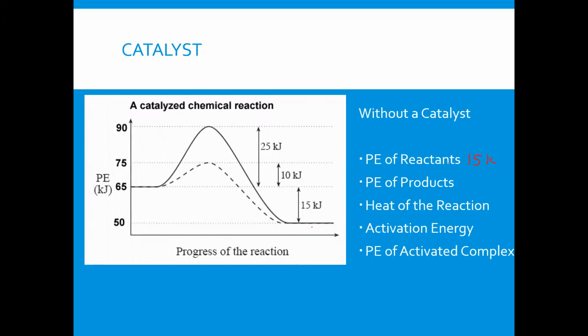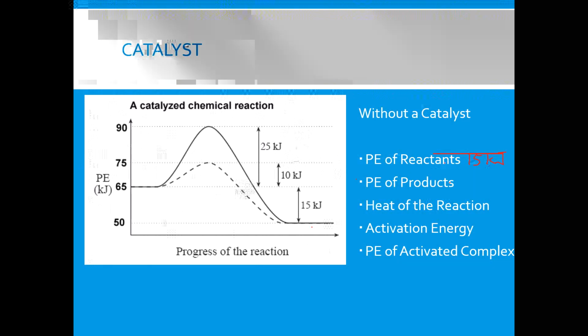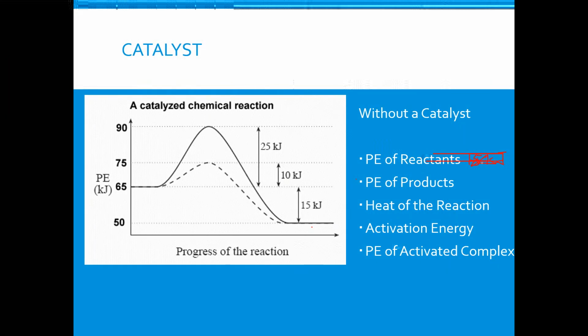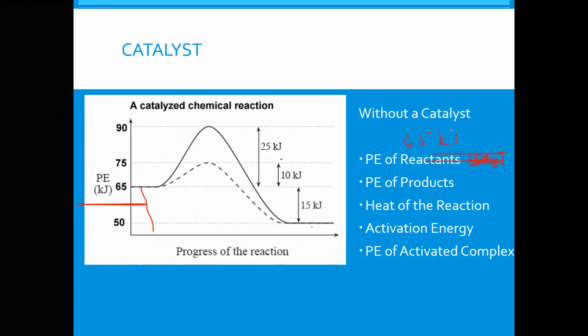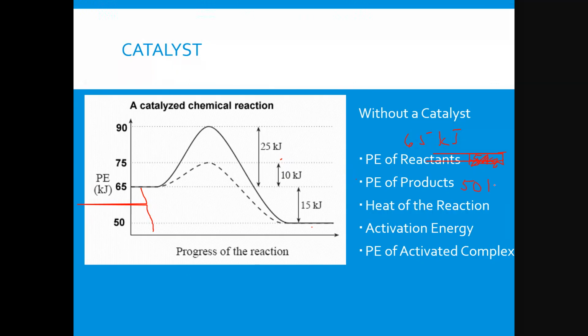Okay. Products. Well, that's all the way down here. That's not 50 kilojoules. What did I do there? Cross that out. Go away, bad. The reactants are this distance here, which is 65 kilojoules. I was reading the heat of the reaction. My products were 50 kilojoules.